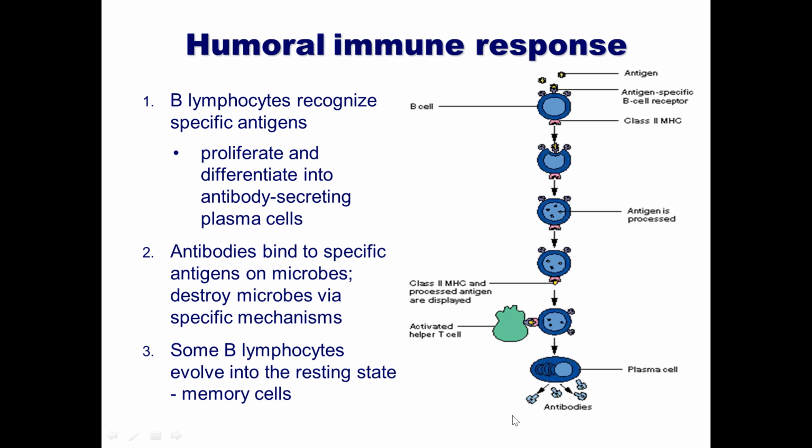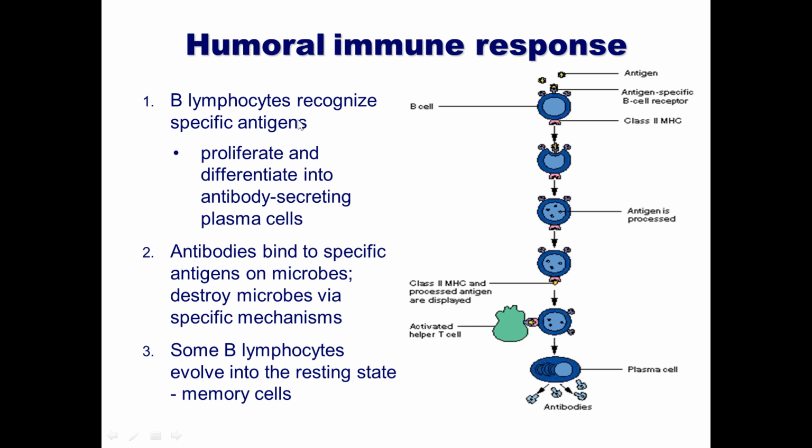Now the second is the humoral immune response. What happens in the humoral immune response? It involves B lymphocytes, which recognize a specific antigen. The humoral immune response is a B cell type immune response. Remember, in earlier slides I told you this.